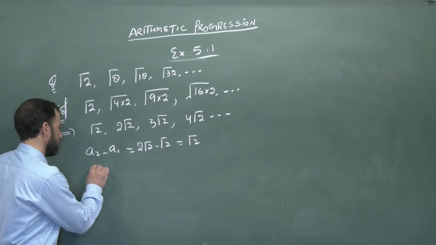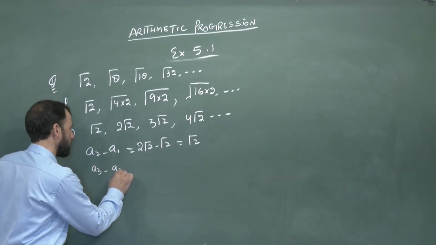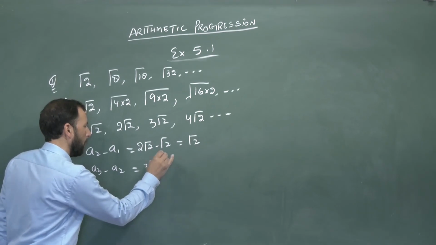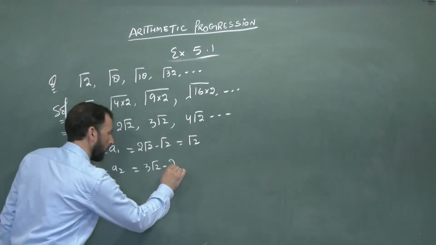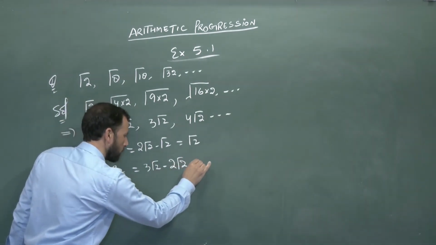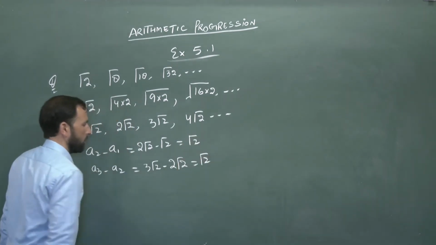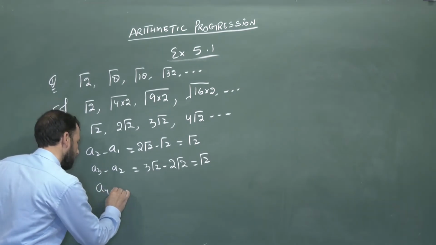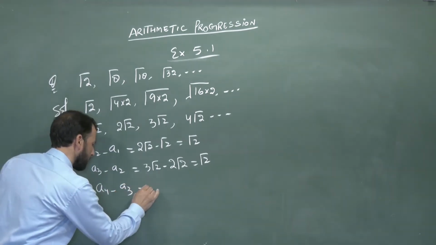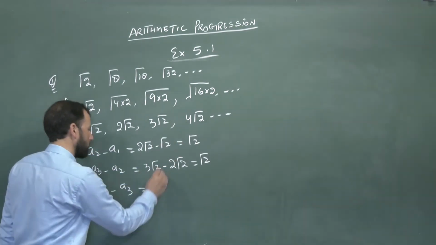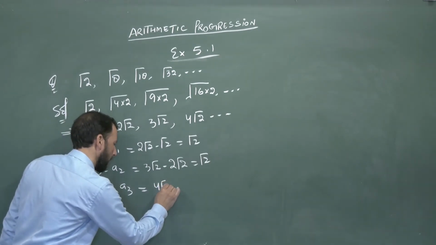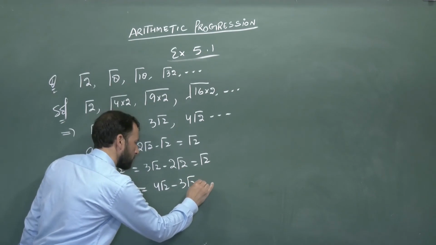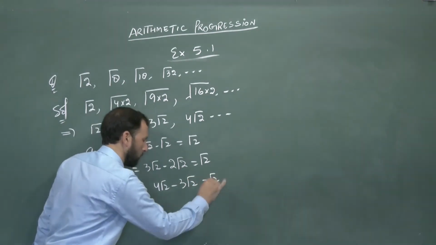Then a3 minus a2: a3 is 3 square root 2 minus a2, which is 2 square root 2. Again by subtracting we get square root of 2. Then a4 minus a3 is 4 square root of 2 minus 3 square root of 2, that is also equal to square root 2.